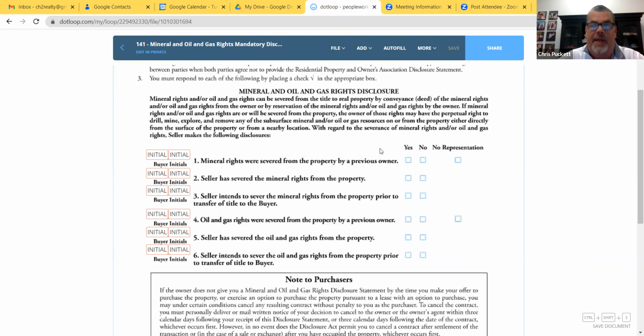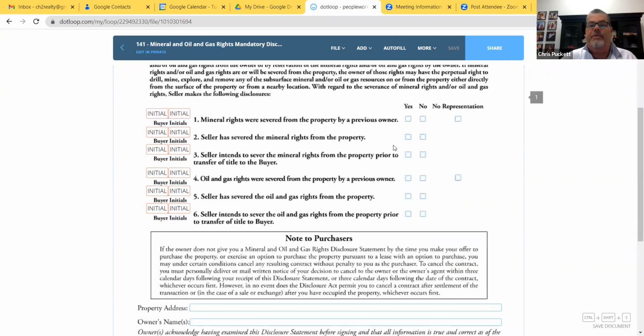So let's continue reading. If mineral oil and gas rights are or will be severed from the property, the owner of those rights may have the perpetual right to drill, mine, explore, and remove any subsurface minerals, either directly from the surface of the property or from a nearby location.